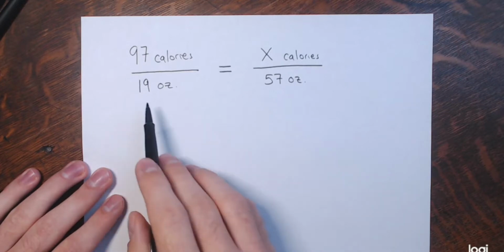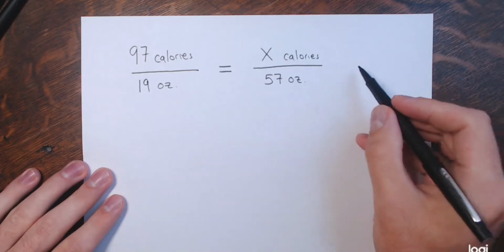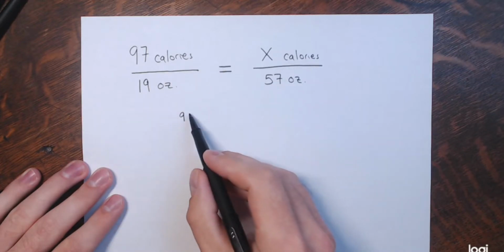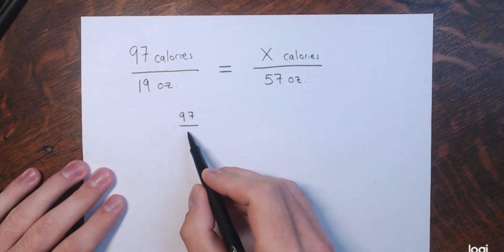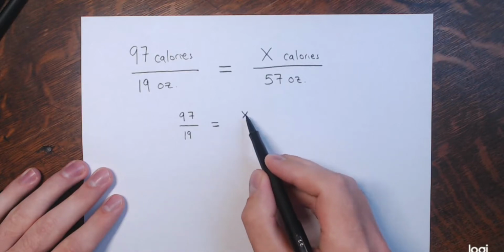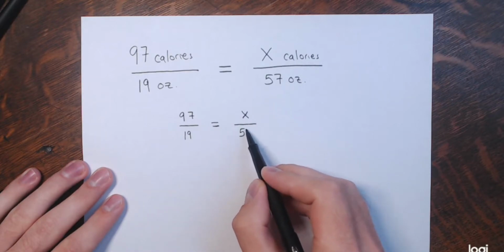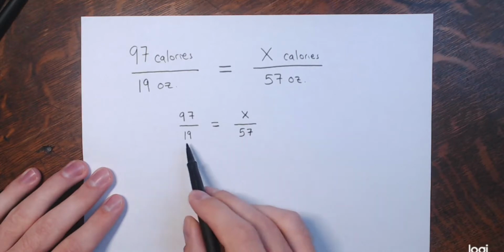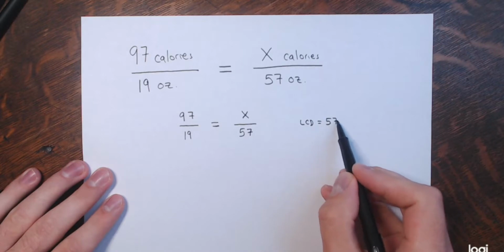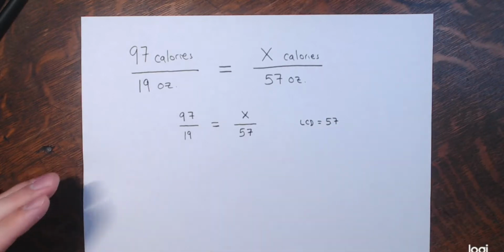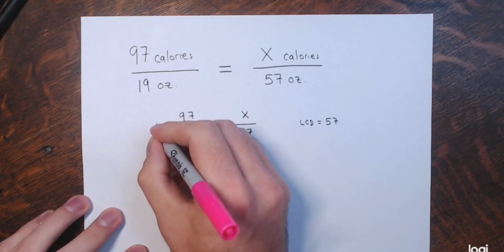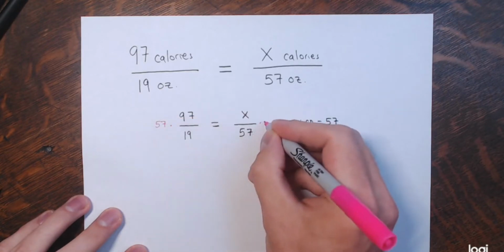Once again, you don't have to write the units, just make sure they're consistent. So I have 97 over 19, that ratio on the left, equals X over 57 on the right. The LCD is 57. 57 is actually just 19 times 3. So I'm going to multiply both sides by the LCD, 57.